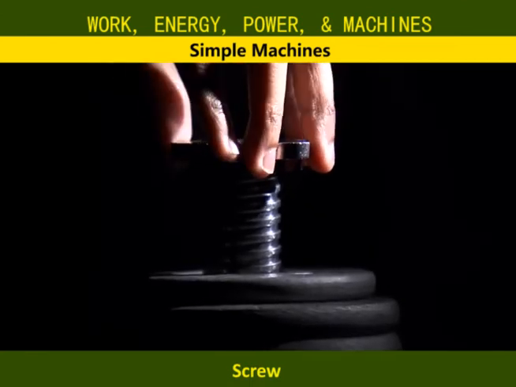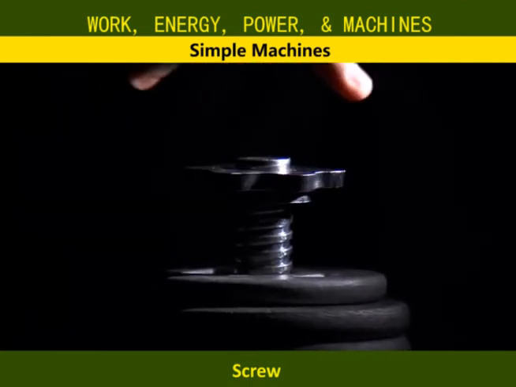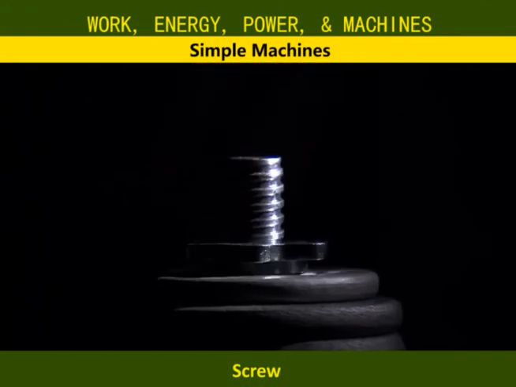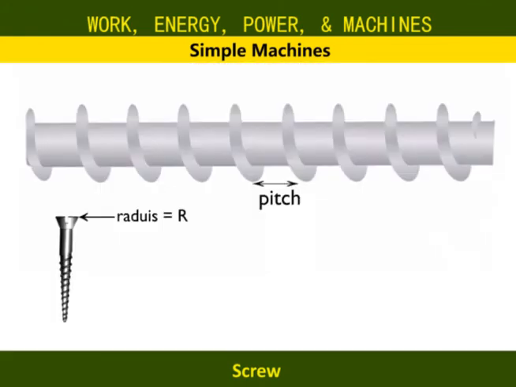Screws with more threads take less force to do a job since the force has to travel a longer distance. The distance between two successive threads is called the pitch of the screw. In one revolution, the screw moves forward or backwards through a distance equal to one pitch.